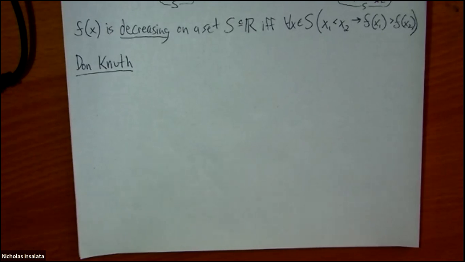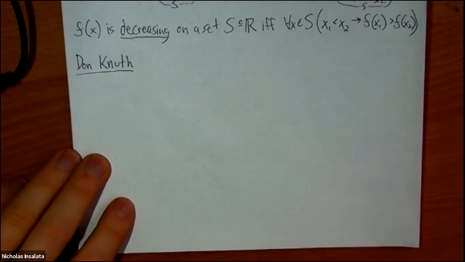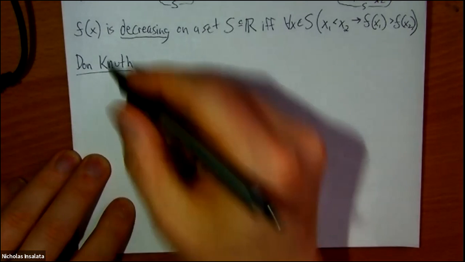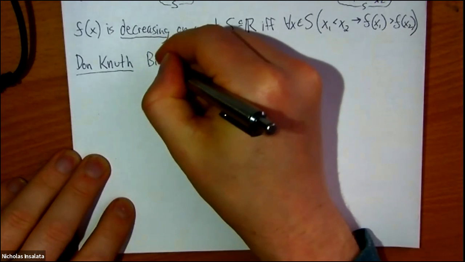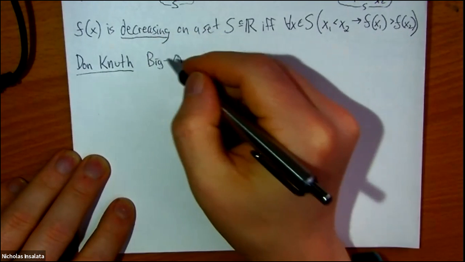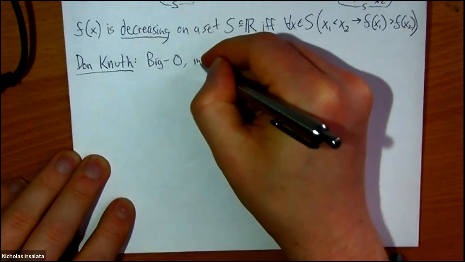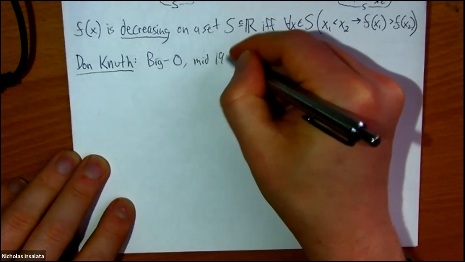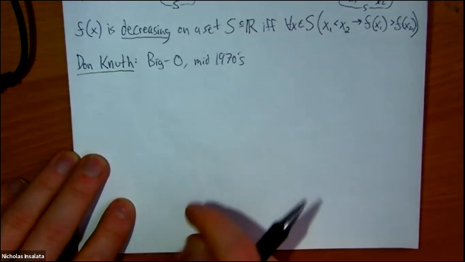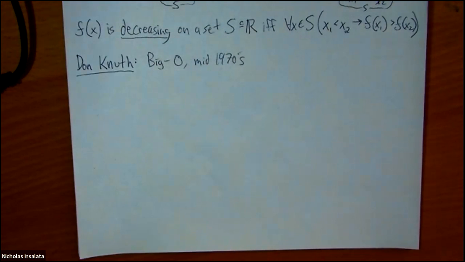We'll just call this big O. Usually people only talk about big O notation, which is an upper bound. Big omega is a lower bound and big theta is both.